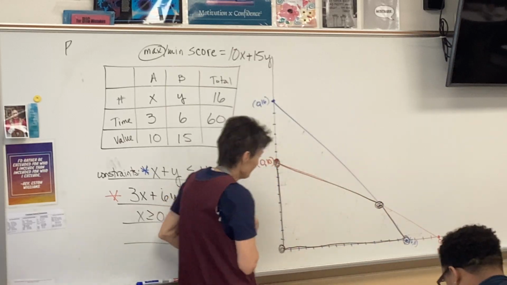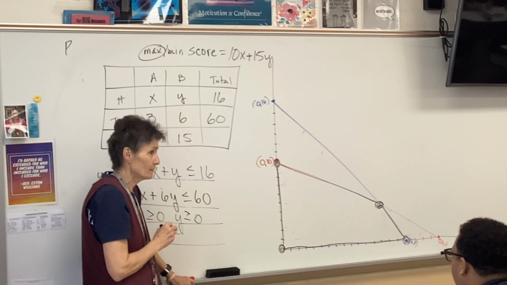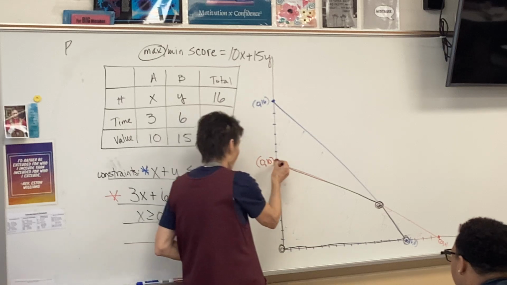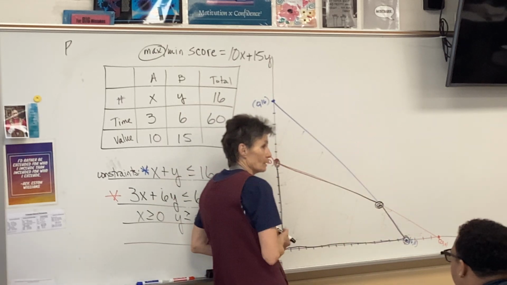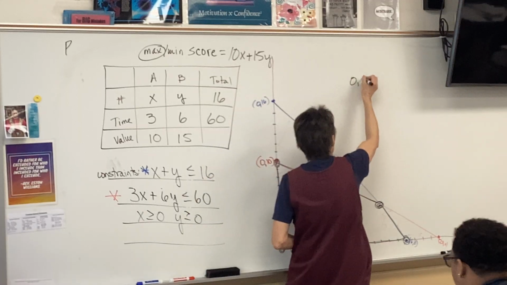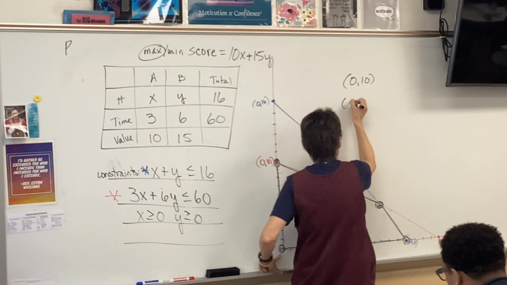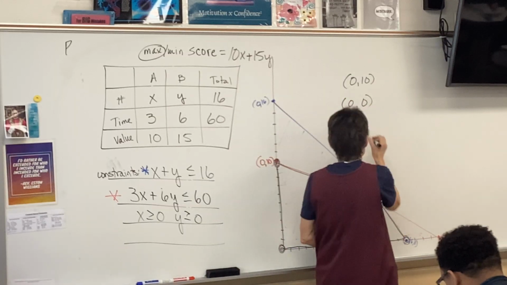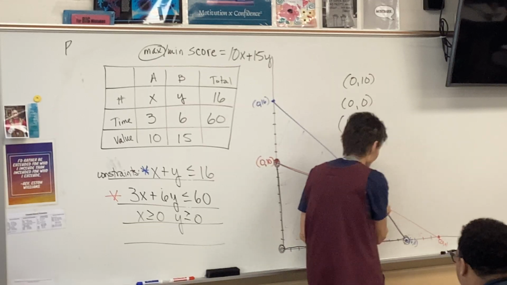That region right there is called your feasible region, and the answer to the question is going to be one of these black dots, the vertices. Let's make a list of those. You got a black dot at 0, 10. You got a black dot at 0, 0. Got a black dot at 16, 0. And then I got a black dot kind of out here in the middle.